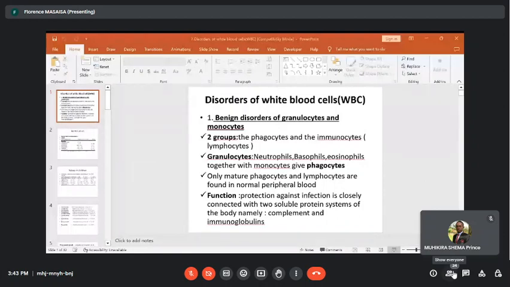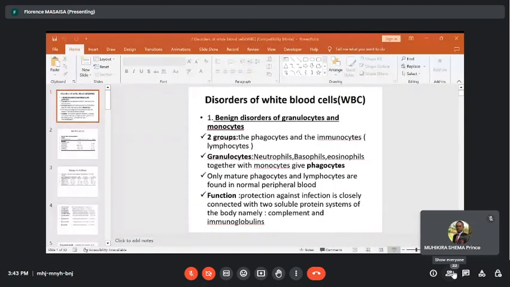Among the phagocytes, we have granulocytes, which are neutrophils, eosinophils and basophils, with granules in the cytoplasm, and monocytes. Only mature phagocytes and lymphocytes are found in the peripheral blood film. By understanding their role, they protect against infection.